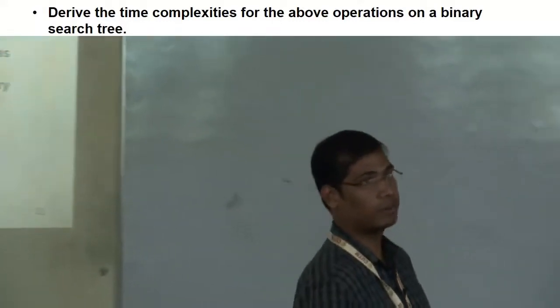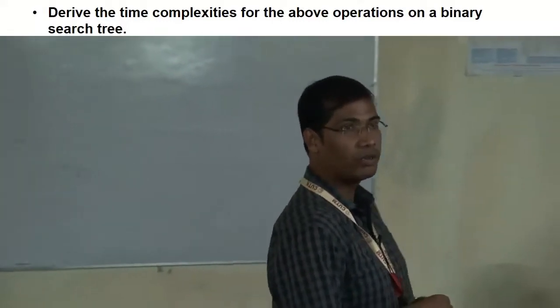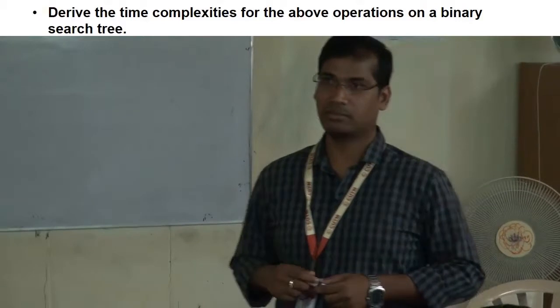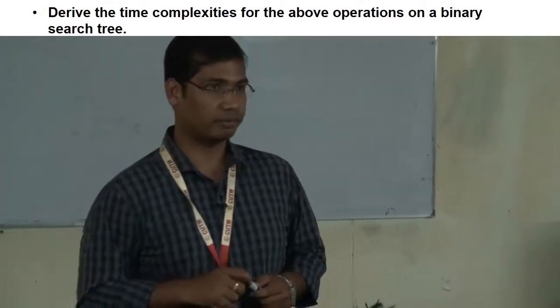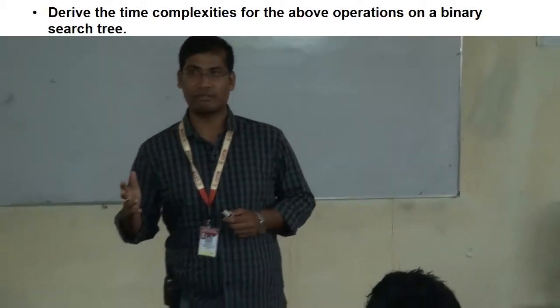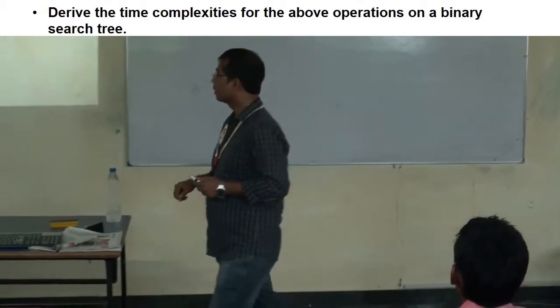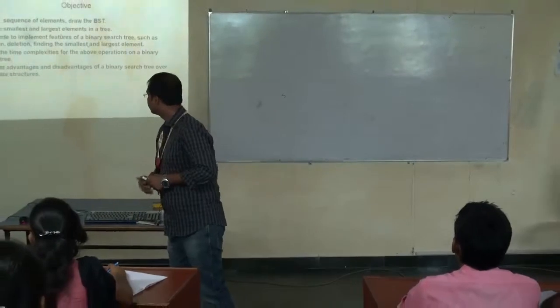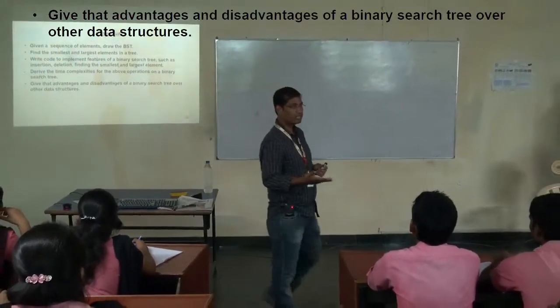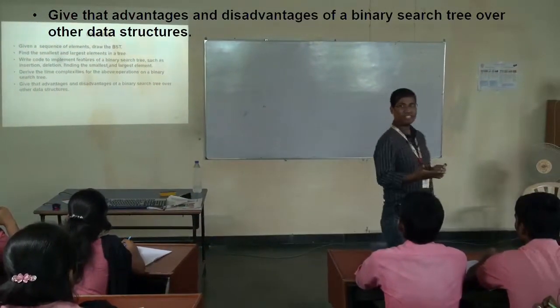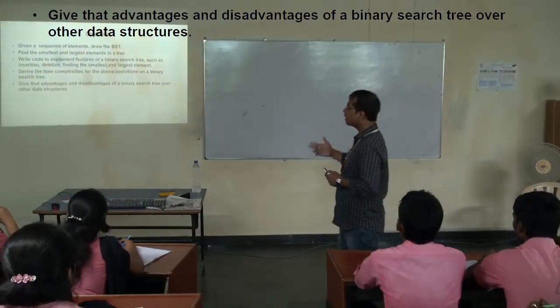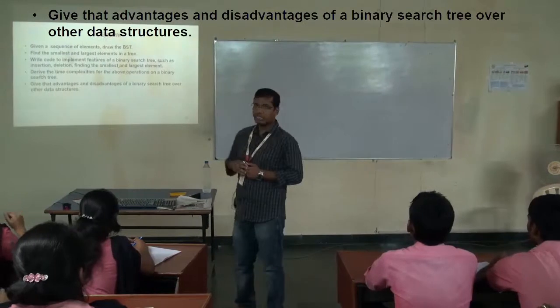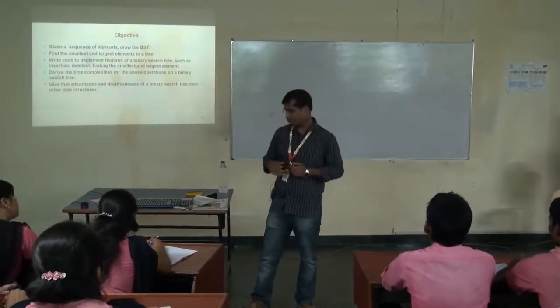Yes, of course, once it is over, you can derive the running time or the time complexity of each and every procedure. You know time complexity? We have covered it in the first class itself. Okay. Then you can also be aware of the advantage of this data structure and what is the disadvantage of this data structure.